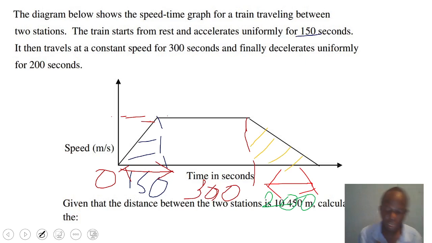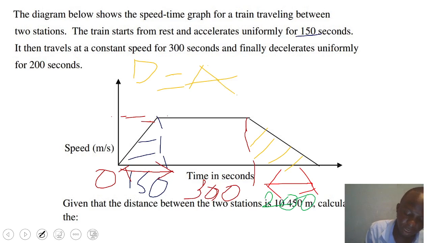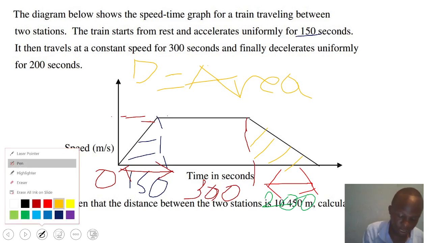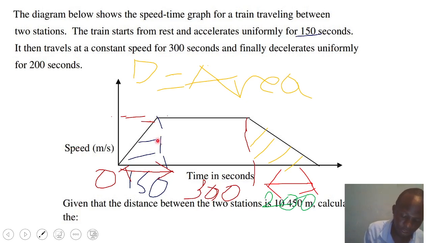We should be able to know that distance is equal to the total area in the velocity time graph. So we have to find the area of this triangle plus the area of this rectangle plus the area of the other triangle for us to get the total distance.